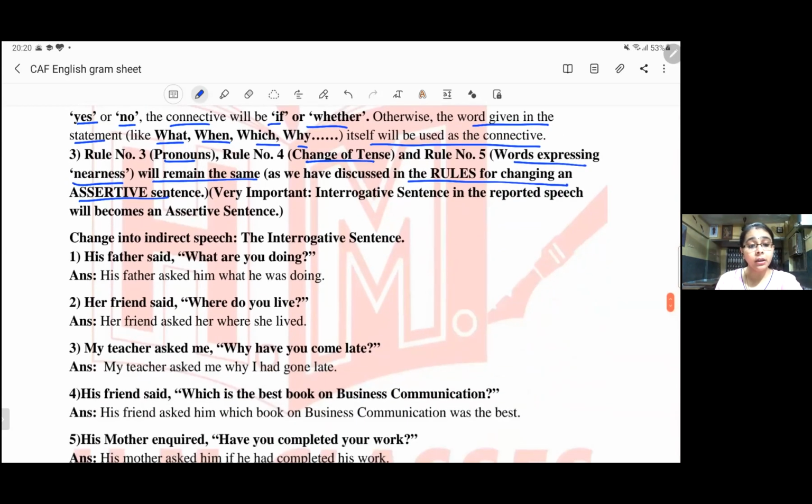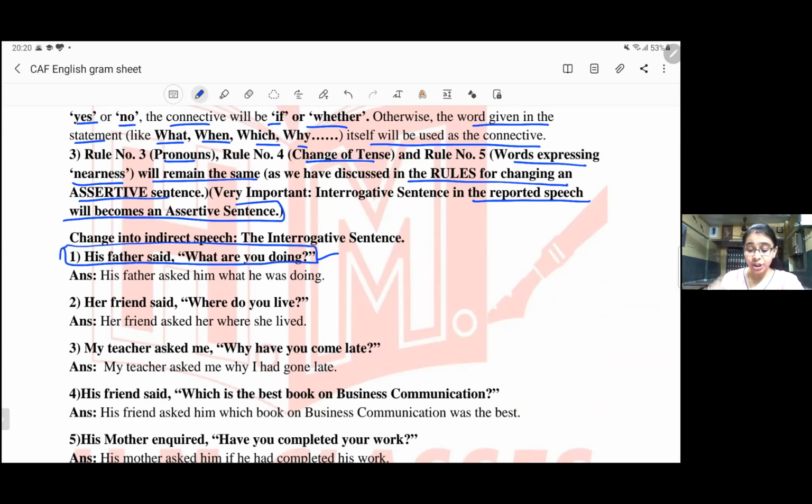But the important thing that you all are going to note is that an interrogative sentence in the reported speech will become an assertive sentence. Right? This is an interrogative sentence, that is the question.